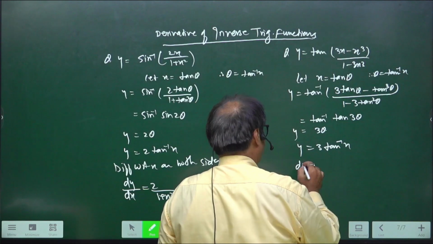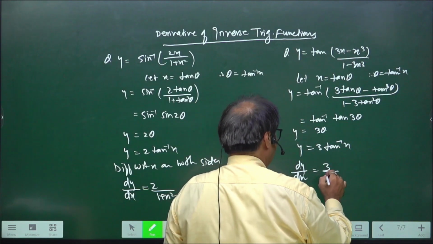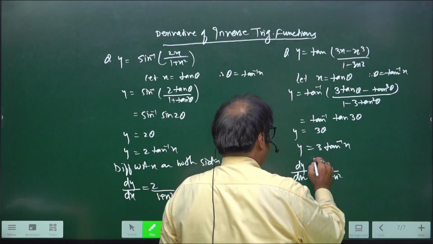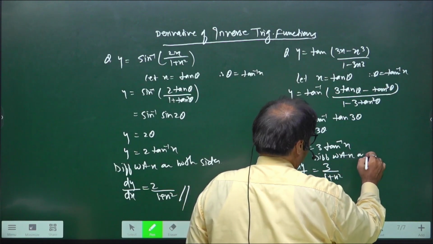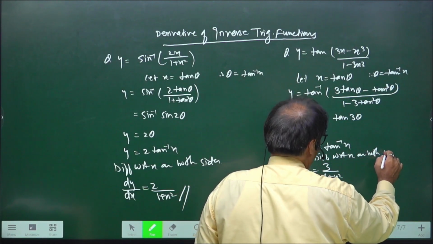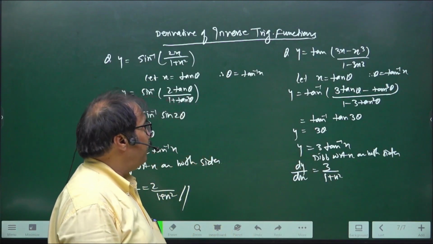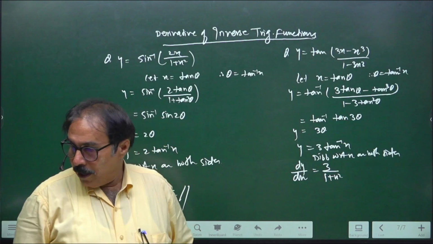So therefore now differentiate with respect to x on both sides. So the answer will be dy by dx is equal to 3 upon 1 plus x square. Okay.